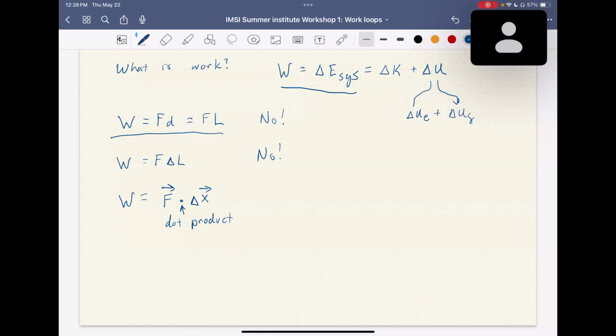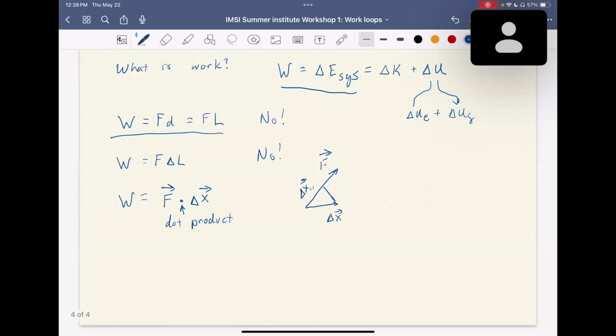So if I apply a force in one direction and the system is changing its position in another direction, the work is not equal to force times delta x. It's equal to the dot product of those. It's equal to the two components that lie in the same direction. So the component of delta x that lies parallel to F.